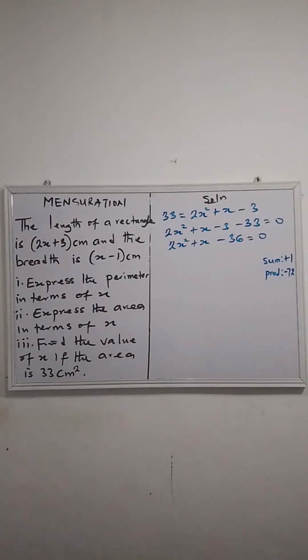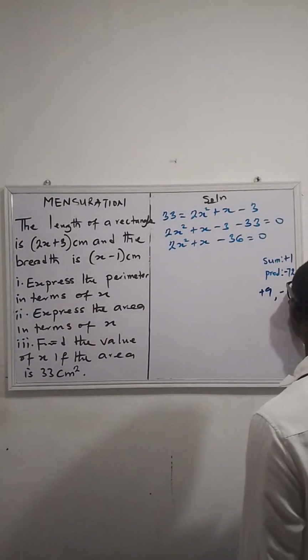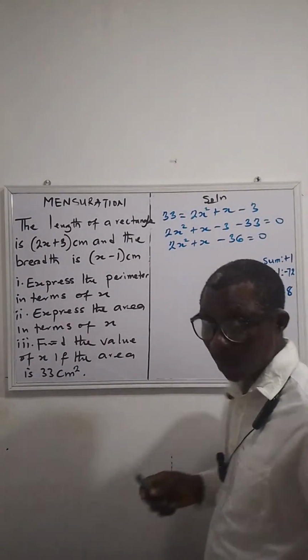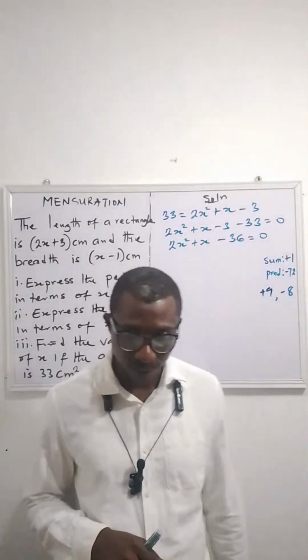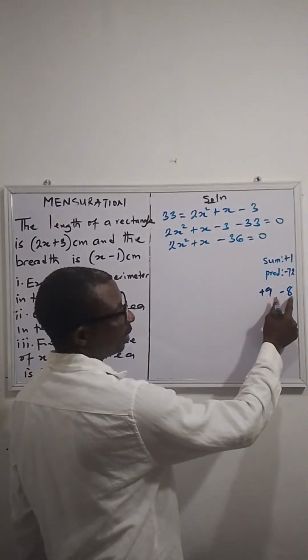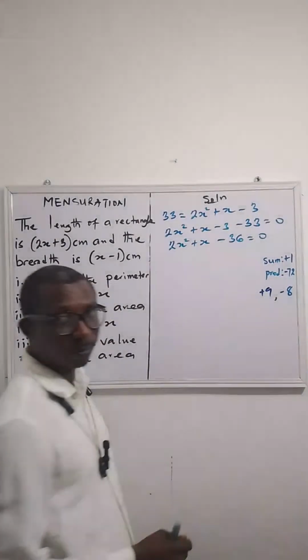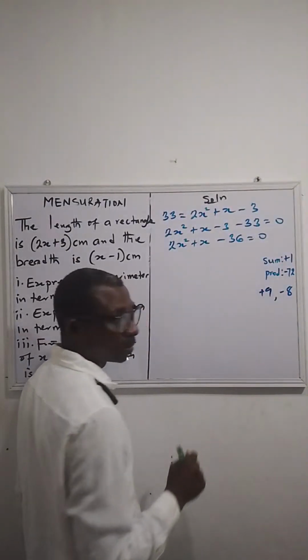I can see someone dropping an answer, and that answer seems to be correct. So we have positive 9, negative 8. I want to believe others also know that. Probably you are still typing. Now when you multiply these two numbers together, you have negative 72, and when you add together, you have positive 1.